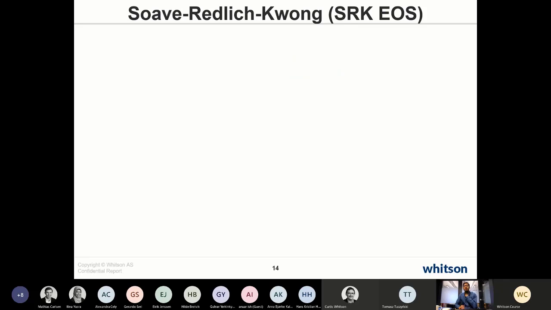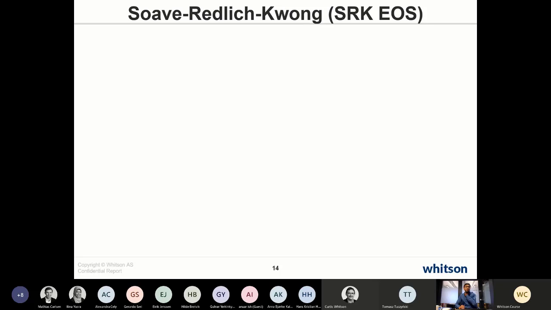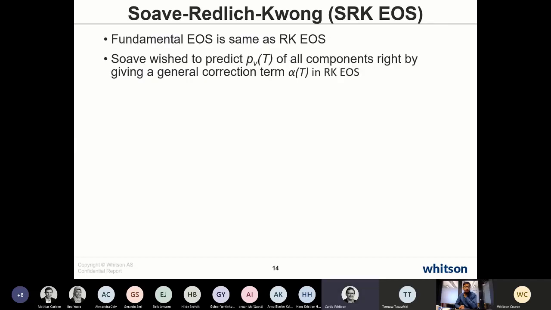So after the Redlich-Kwong equation of state model, Suave came along. Curtis, do you want to say something here about who Suave was and why he came up with something different? Well, by the early 1970s, I think the SRK was published, and by then much larger and faster computers were available.